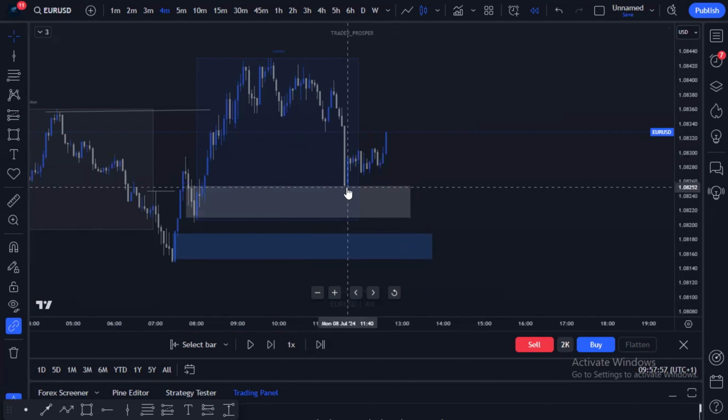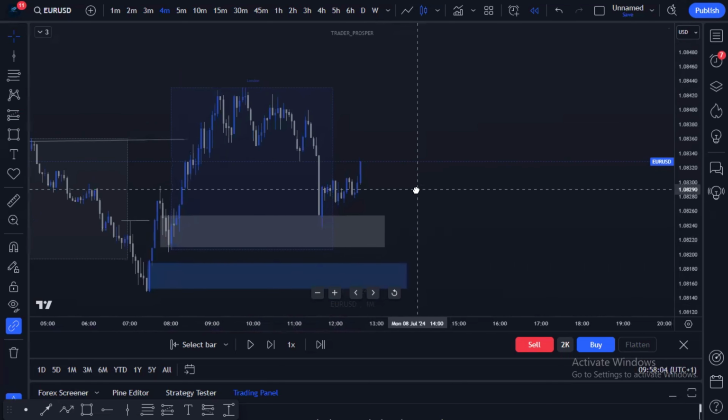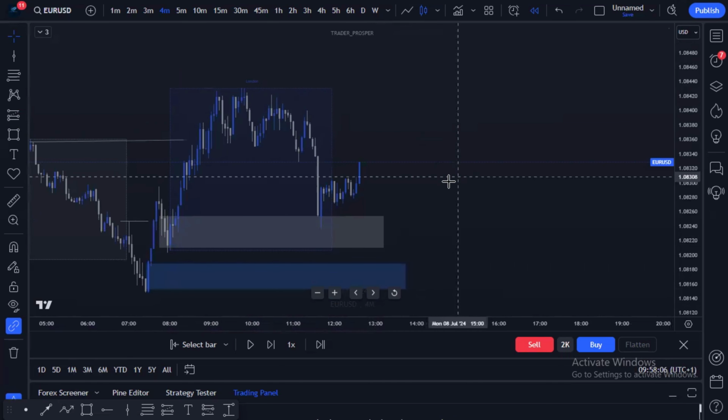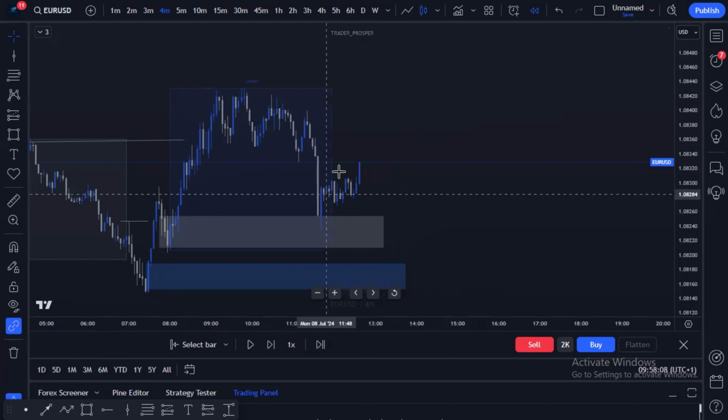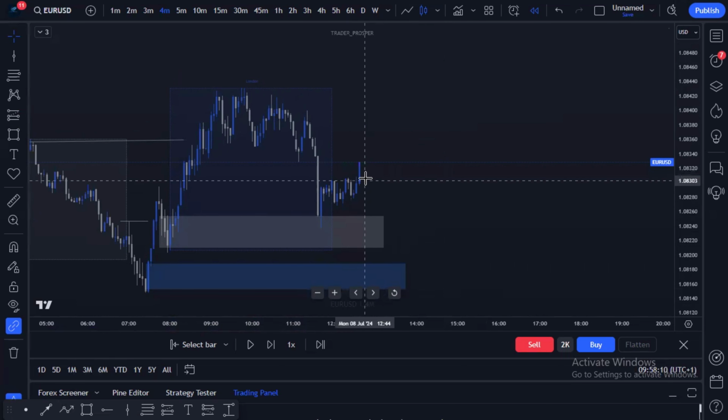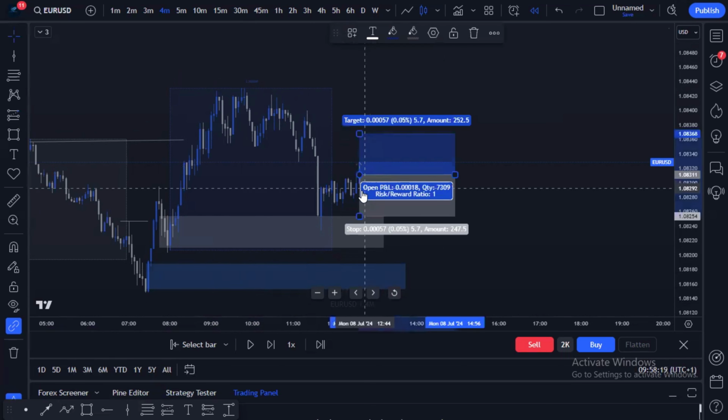Now take a look at this wick that was formed here. Kind of an indecisive candle. So definitely, price did engulf this retracement back down here with this bullish candle. So I will be entering with market execution at this point, because of this candlestick pattern that I saw here.